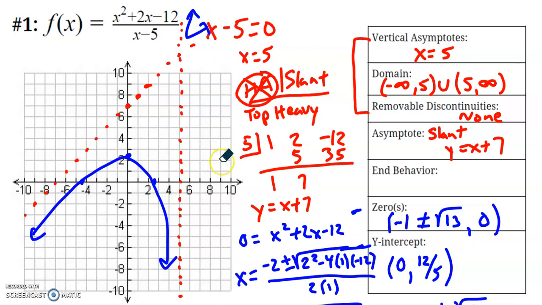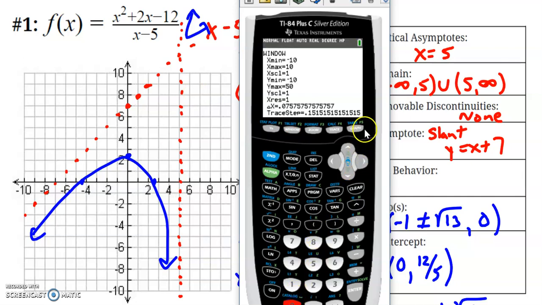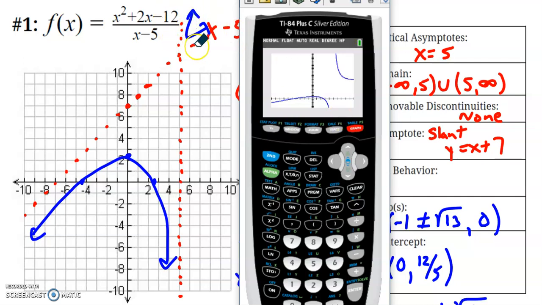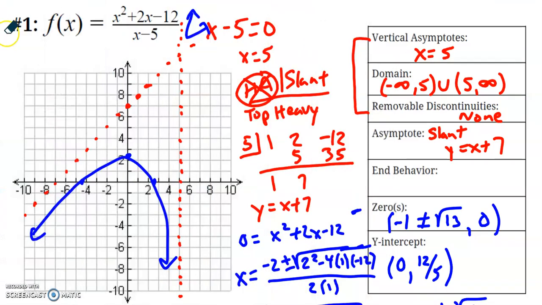Not terribly worried about that, but if you change your window, if I extend my window and make just my Y values larger, something like 50, something fairly large, so I make sure that I see it. Push graph, and you're going to see there's the bottom portion, and then you're going to see another little portion up there. So I just kind of put a little portion up there, not terribly worried about that. So if you just want to put a little portion on there, just like I did, that would be fine.